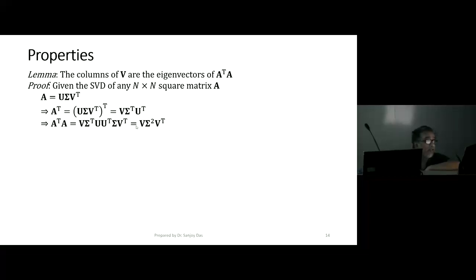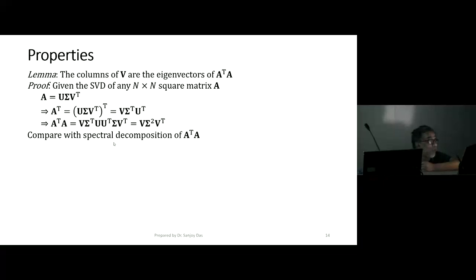And look at the eigen decomposition or the spectral decomposition of A transpose A. This would be a diagonal matrix of eigenvalues, correct? And this is the matrix of eigenvectors. Each column of V is an eigenvector of A transpose A.